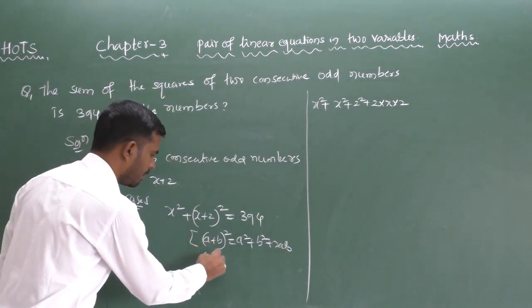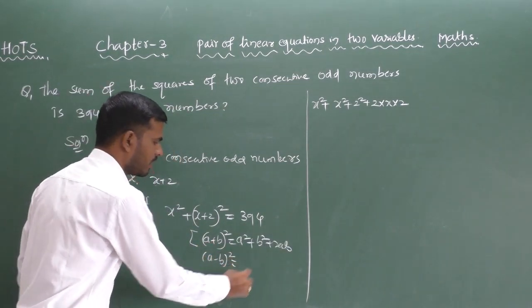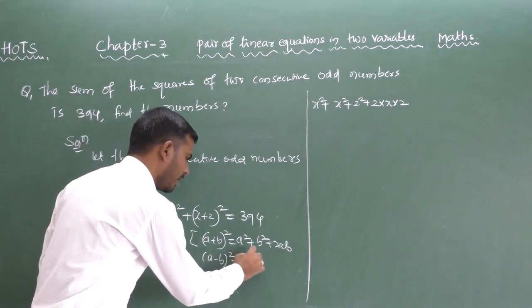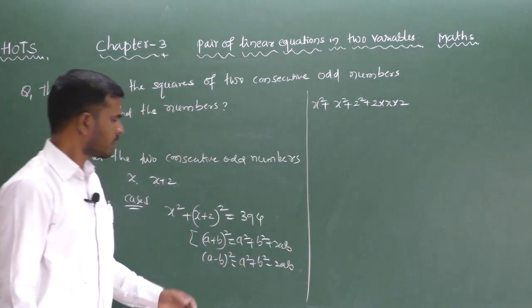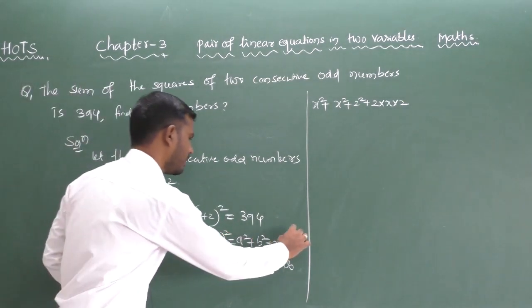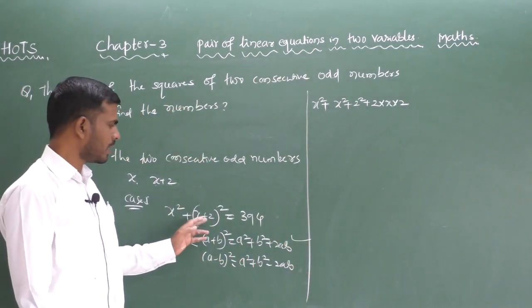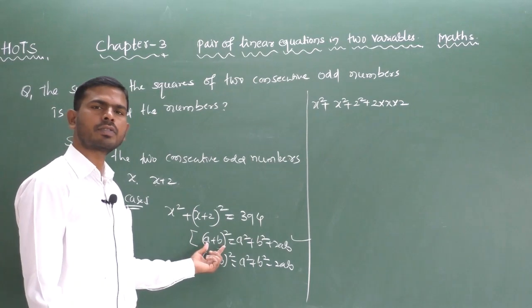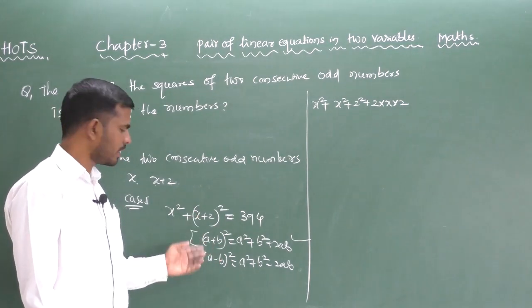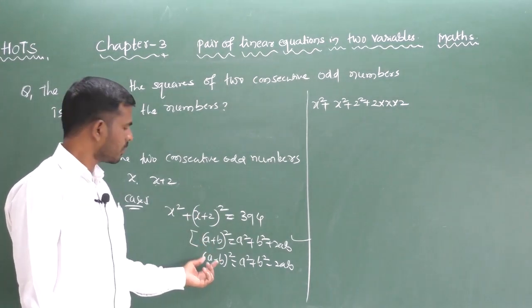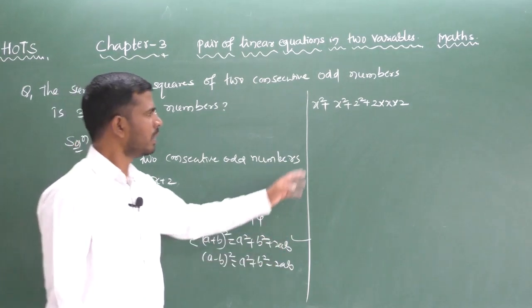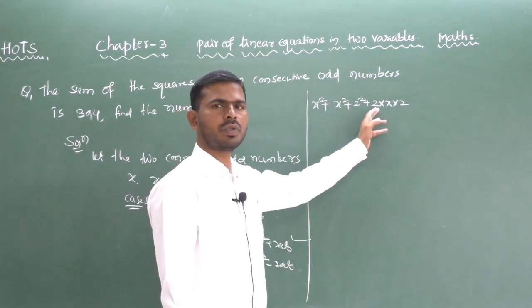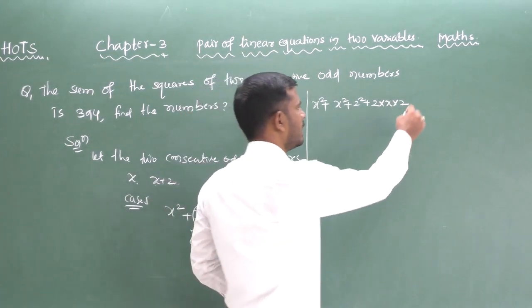Suppose they give a minus b, then you can use this formula, that is a square plus b square minus 2ab. So it is in the form of a plus b whole square, that's why I have to use the first one. Instead, if minus is given, I have to use the other formula. So here a plus b whole square formula is a square plus b square plus 2ab, is equal to 394.